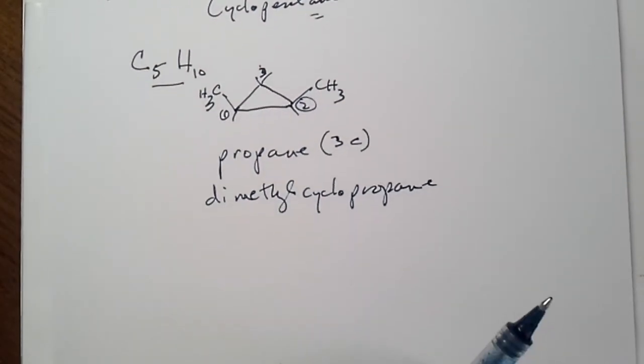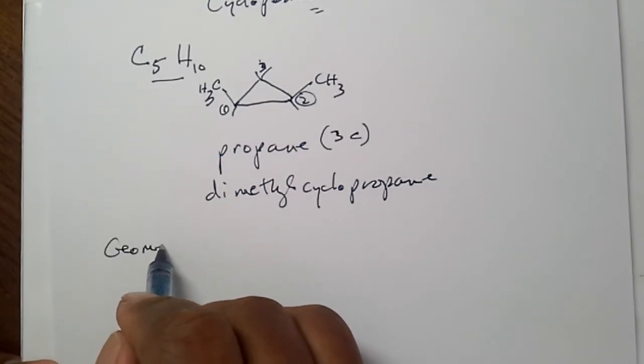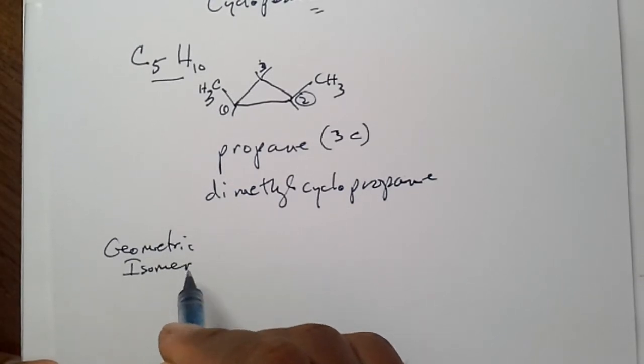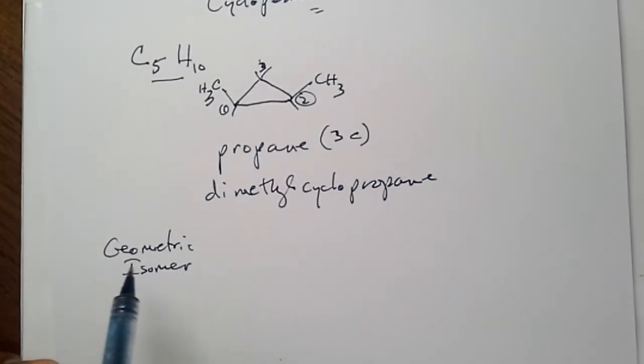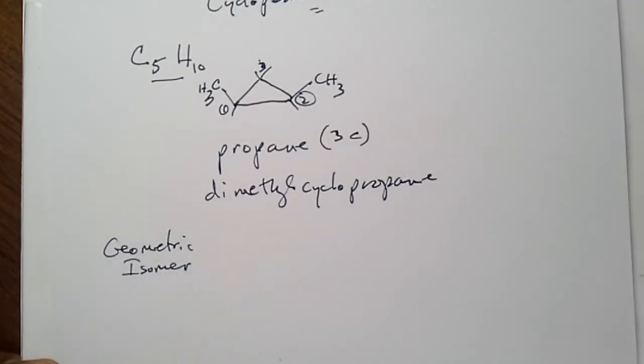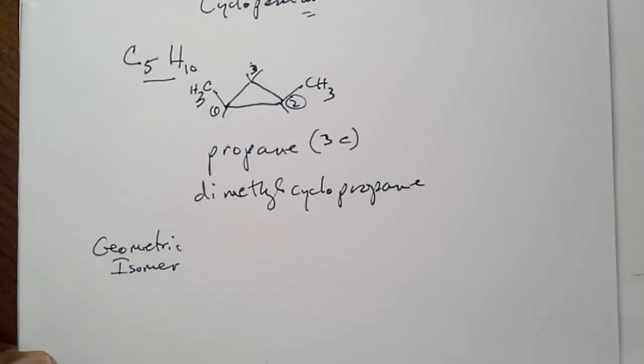Well, there's also another type of isomer called a geometric isomer. Geo having to do with its structure in space. And we're going to do, what is this?